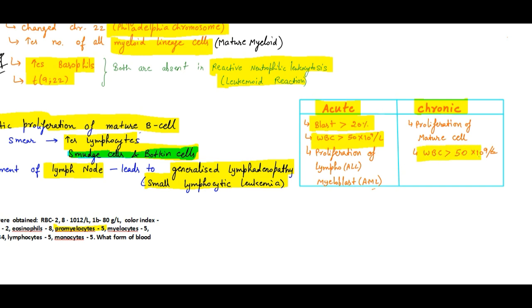So here also WBC is more than 50 into 10 to the power. So here is the proliferation. In acute there is a proliferation of lymphoblast and myeloblast. If myeloblast proliferation, acute myeloid; lymphoblast proliferation, acute lymphoid; chronic is proliferation of the mature cells. So proliferation of the mature cell, that is chronic.